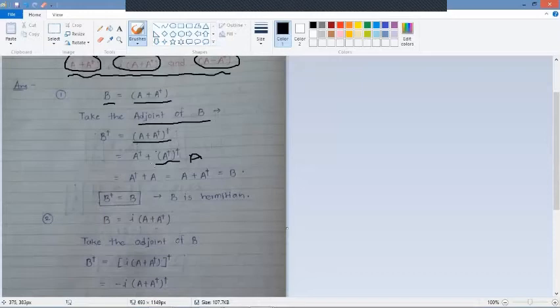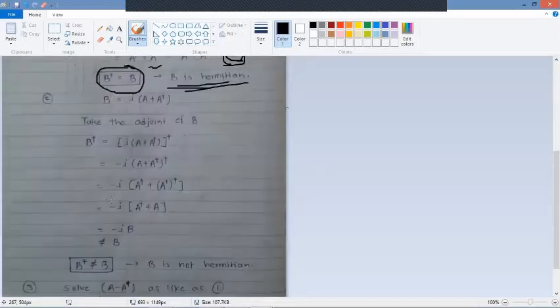So the final value is B. So B is Hermitian because we have written back the same operator. Here this condition is satisfied, so this is Hermitian.